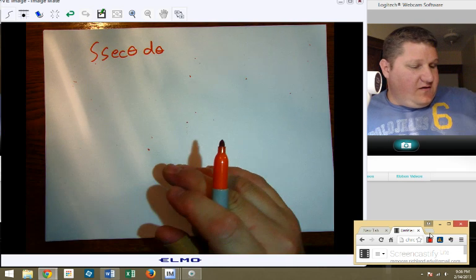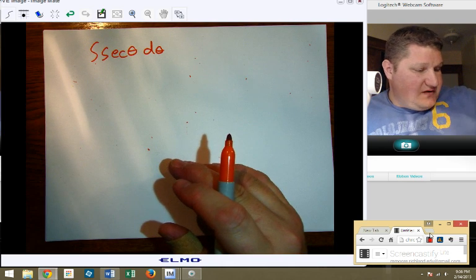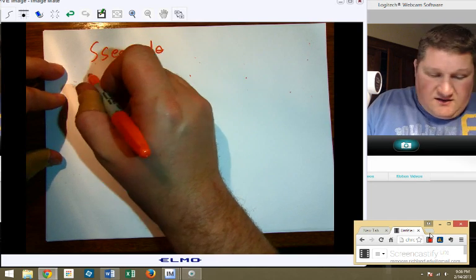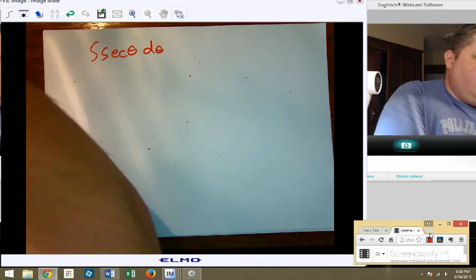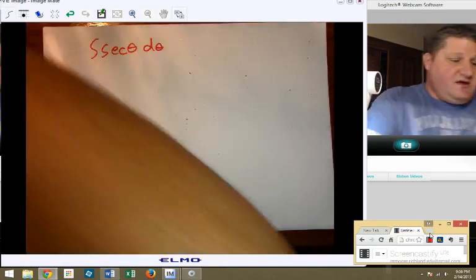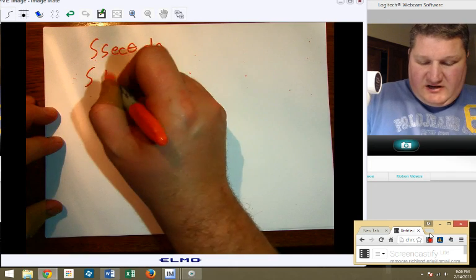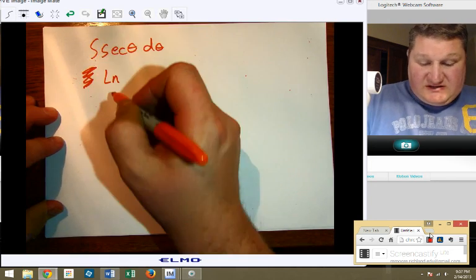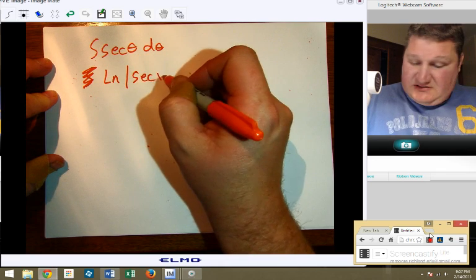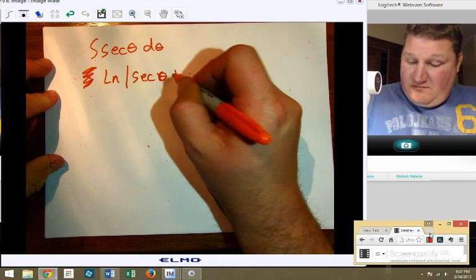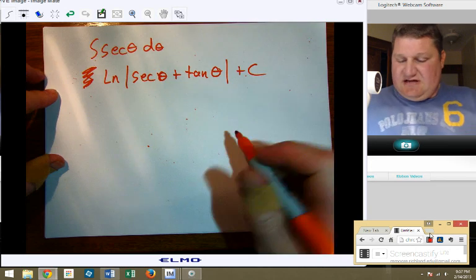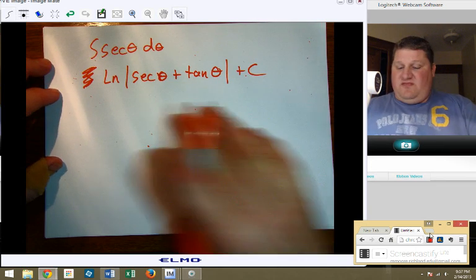But I can simply take reference and find the integral of secant theta, and the integral of secant x dx is the natural log of the absolute value of secant x, in our case theta, plus tan theta, plus c.